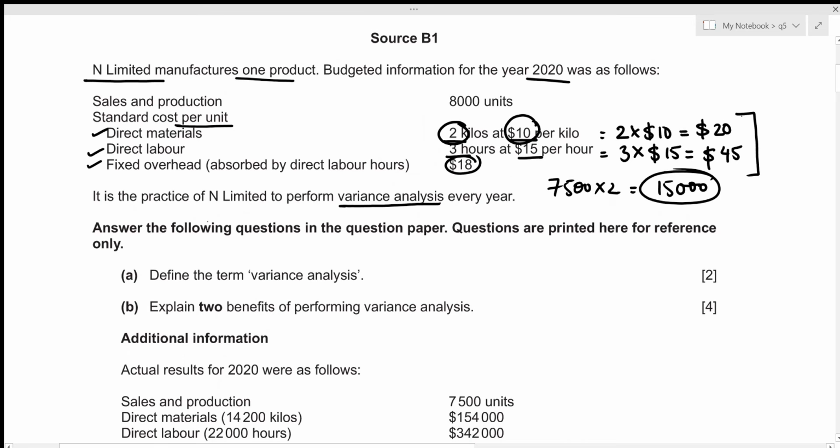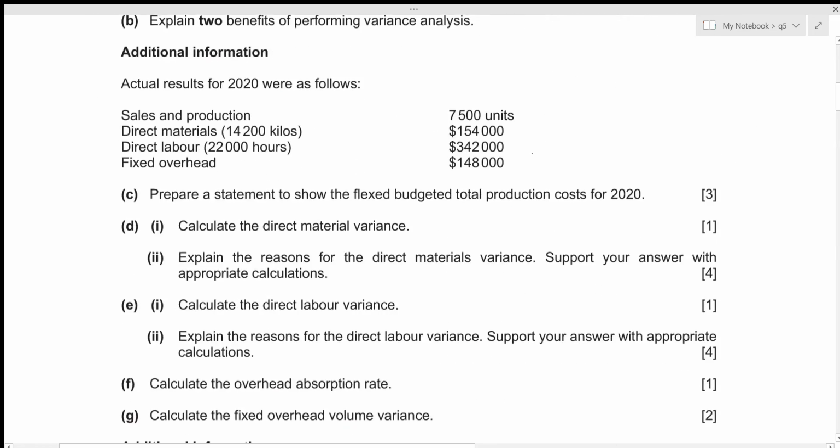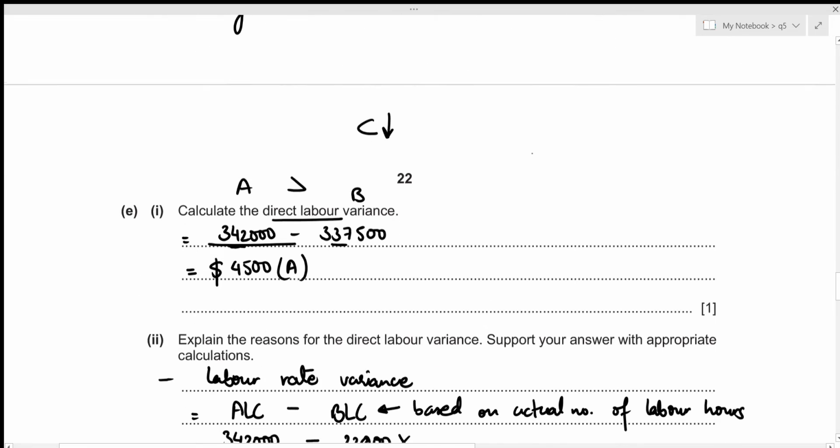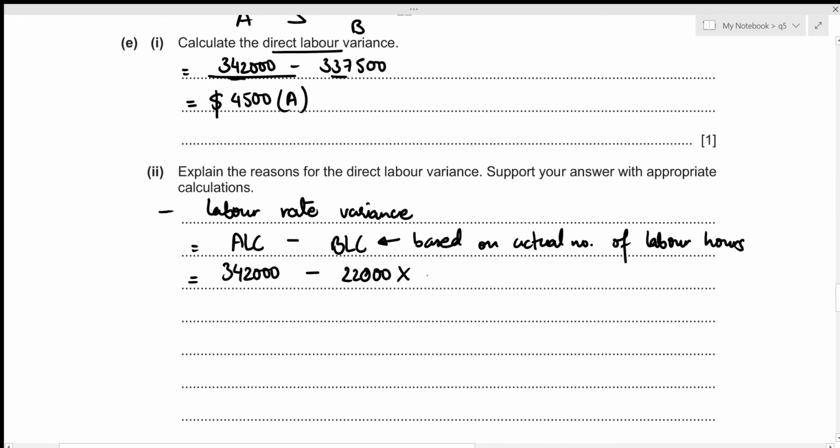Okay, we can see that for direct labor, the rate per hour was 15. So I'm just going to multiply the 22,000 by 15. Okay, so that's 342,000 minus 330,000. Now this gives our labor rate variance to have the value of 12,000.